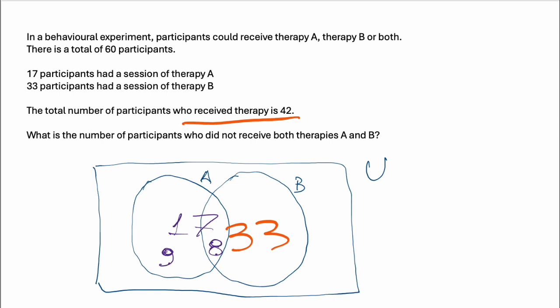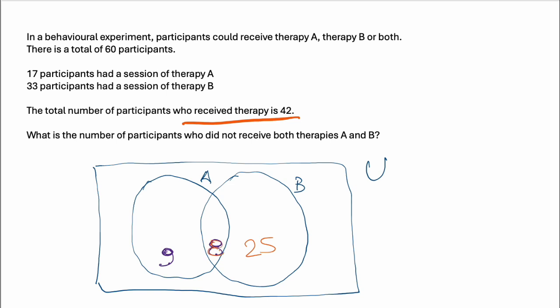Okay, so 9 plus 8 gives me the 17 I want, and I can just get rid of that because now I have the correct things accounted for. Same for here. A total of 33 received therapy B, and 8 received B and A, so only B, then we will have 25. Okay? Because 25 plus 8 is 33.